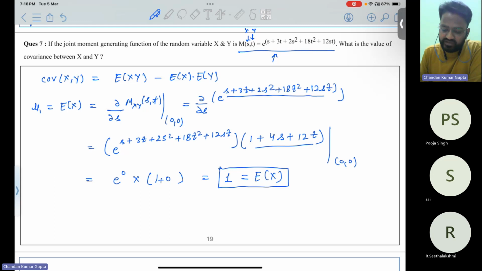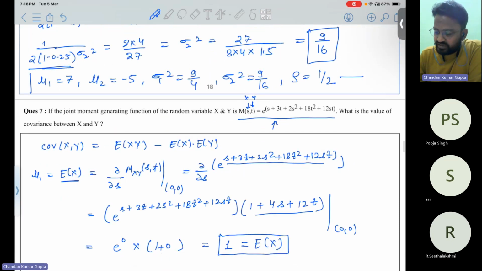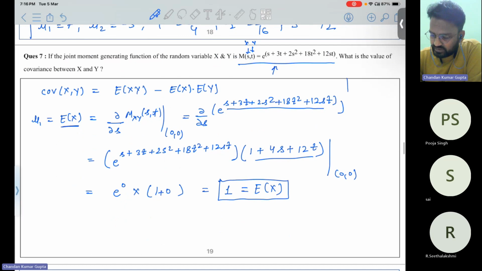In the univariate case, we have M_x(t), and if we want to evaluate the second order moment, then we differentiate this mgf 2 times.